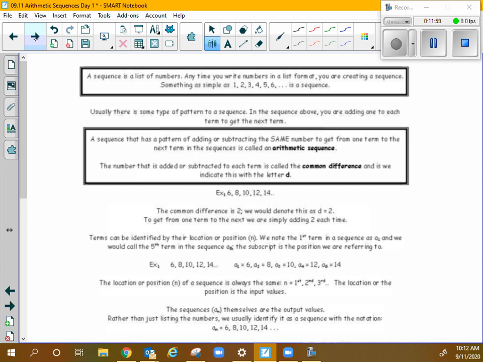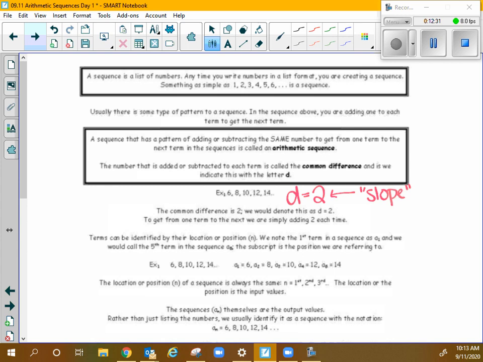All right, so 6, 8, 10, 12, 14, what's being added every time? 2. So this would have a common difference of 2. So d equals 2. That common difference we were finding on the last page, but we were using it as our slope, right? So we're spending time writing our functions, but it's still kind of slope-intercept form, right?